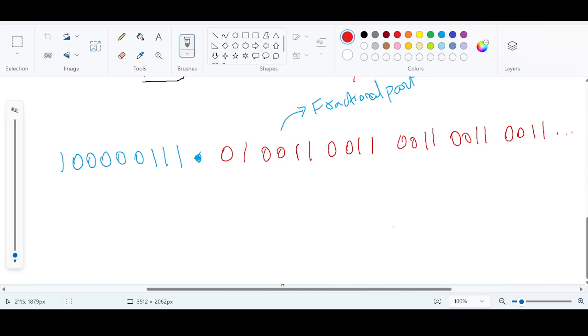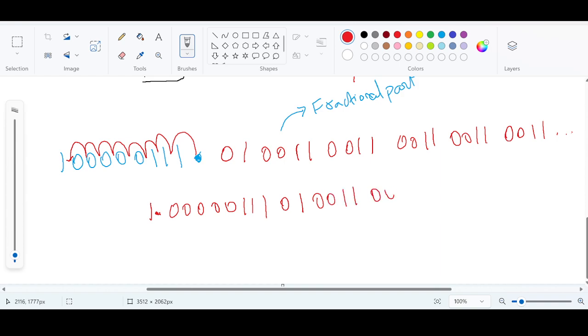We want to shift this point 1, 2, 3, 4, 5, 6, 7, 8 places. This is the 8th place. The resultant value is going to be 1.0000011, 01, 0011, 0011, and the remaining things are 0011, 0011, 0011, and so on.